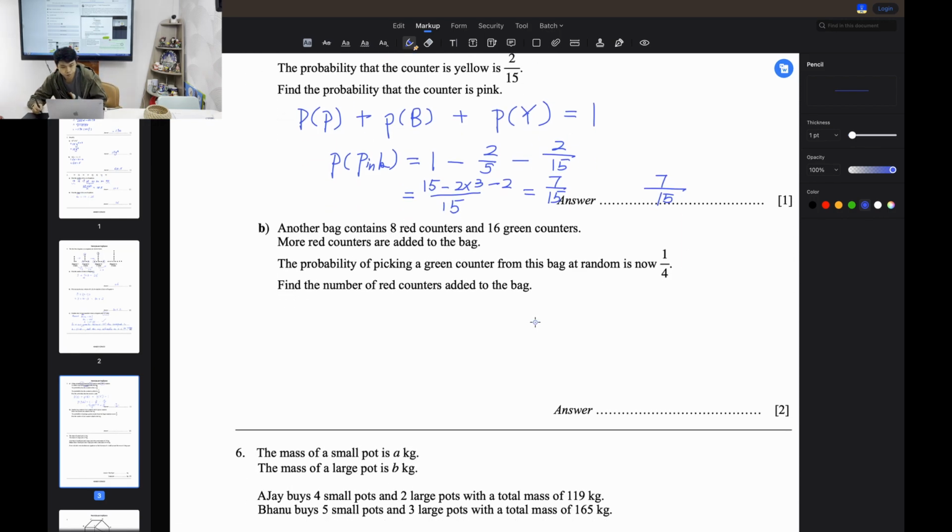Okay, let's continue with question 5b. Another bag contains 8 red counters and 16 green counters.